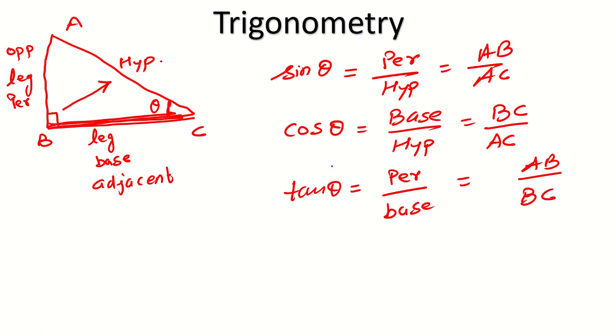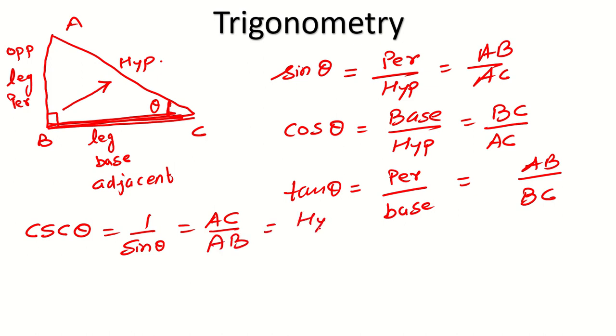Now these are the three basic trigonometric functions. From these three we can define three more, and first is cosec theta. Cosec theta is the reciprocal of sine theta, so it will be equal to AC divided by AB, which is hypotenuse over perpendicular.